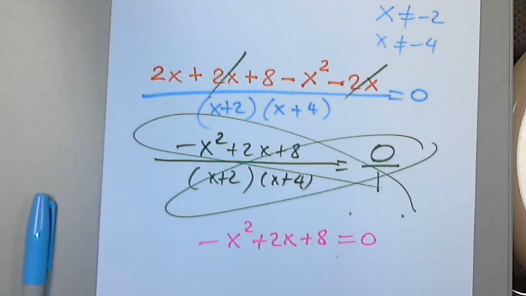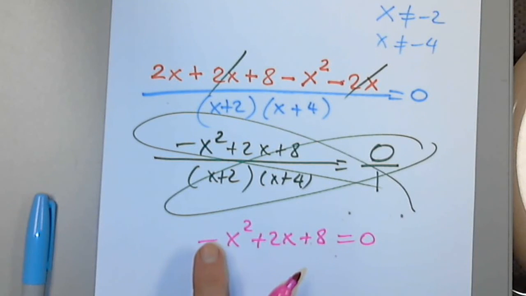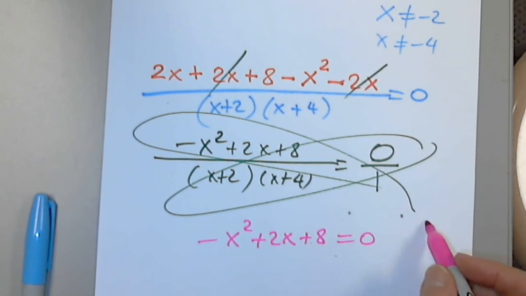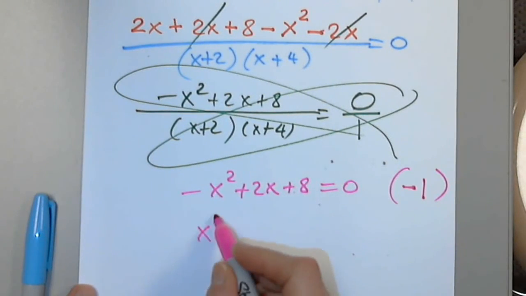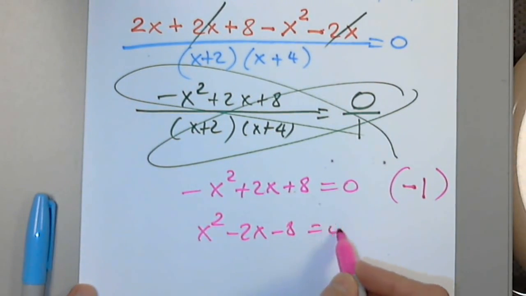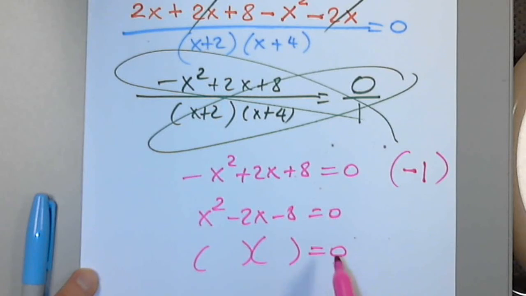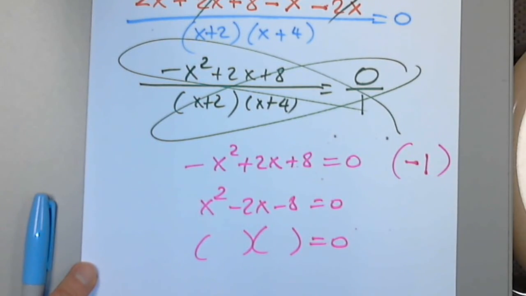This is quadratic. I refuse to solve a quadratic equation with a negative leading coefficient. What should I do? Change all the signs. Multiply both sides by -1. Factor form.